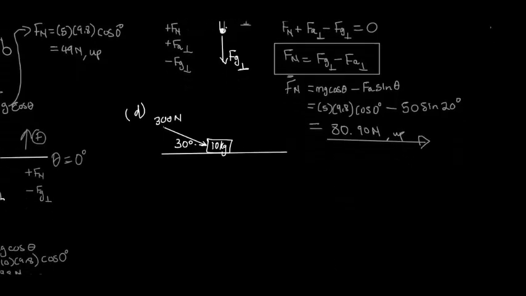Then let's look at when that force is actually applied downwards, which means we are going to have a vertical component of that force applied. So that's your force applied. We're going to have a perpendicular component of that force applied, and it's downward.